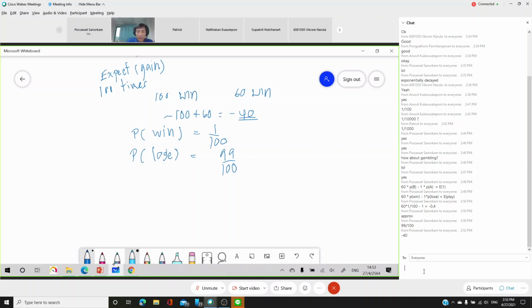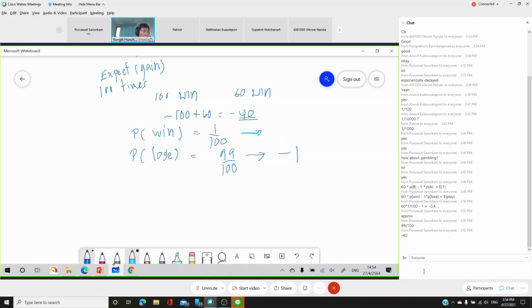Now the gain. If we win, we get 60 baht. If we lose, we lose 1 baht. Actually, if we win, we don't gain 60 baht.